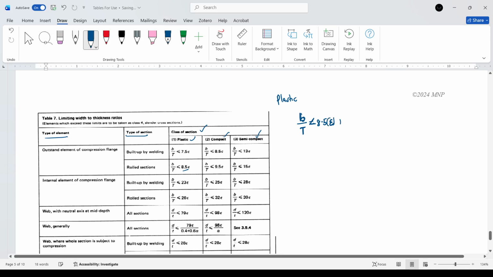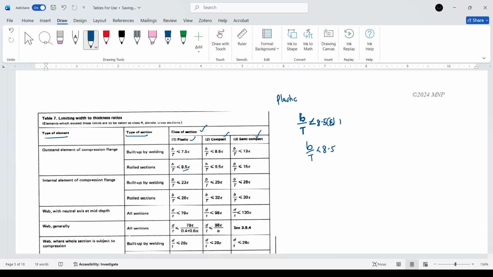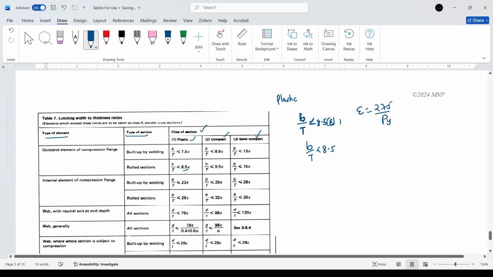Of course, our E is 1. So B over T should be less than 8.5 because our E is 1. How did we get E? 275 over Py. So is it less than 8.5? Yes. So it means it is plastic when we consider the flange.